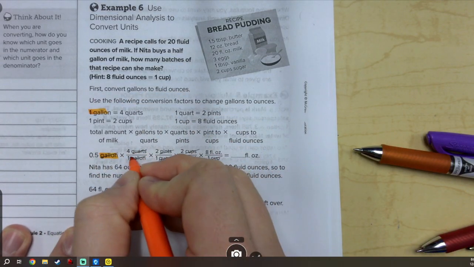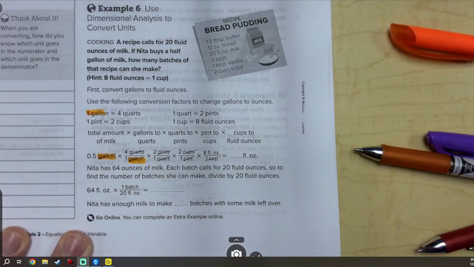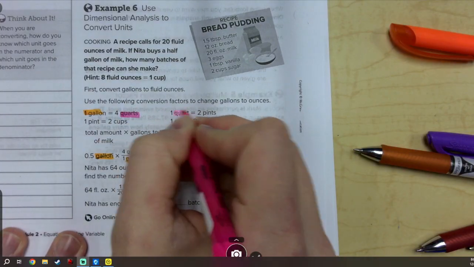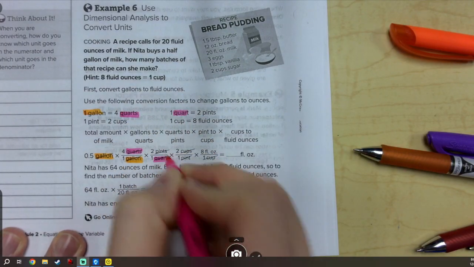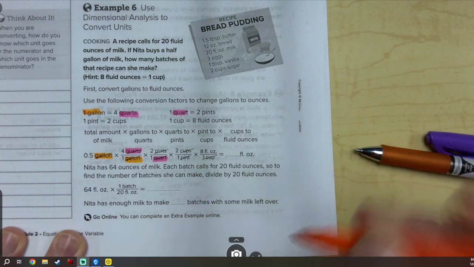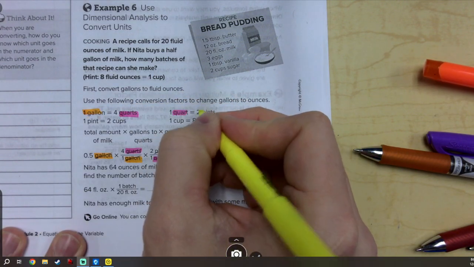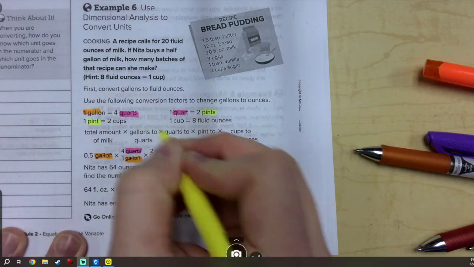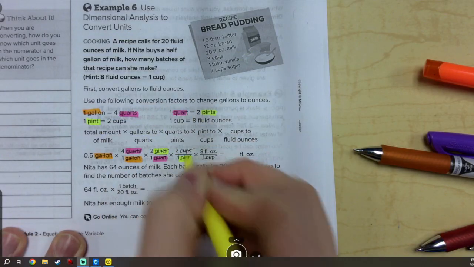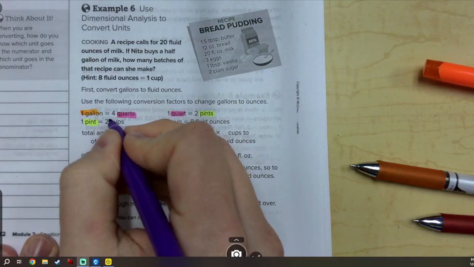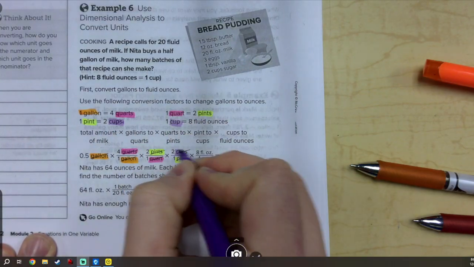So gallon to gallon. Quart to quart. Pint to pint. Cup to cup.